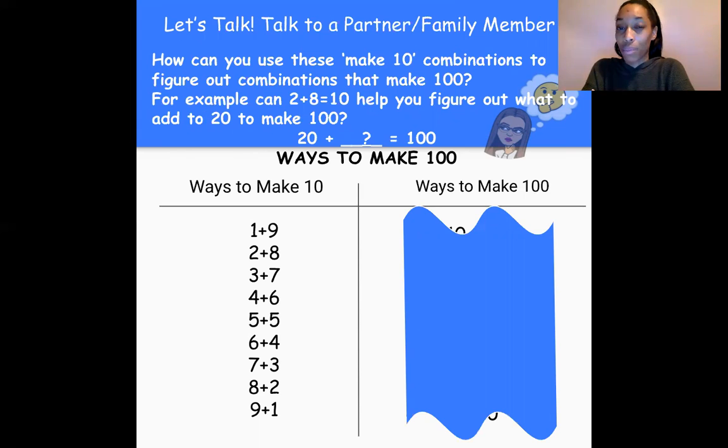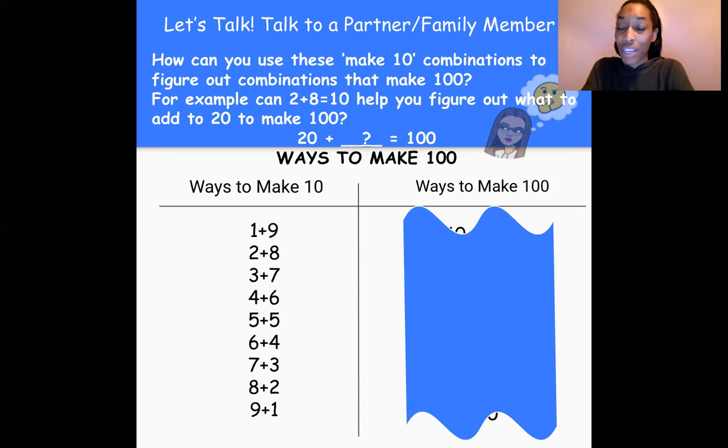For example, 2 plus 8 equals 10 can help you figure out 20 plus some number equals 100. Thinking of 2 plus 8, now if we make it tens, that's just 2 tens, and 8 tens would be 80, right?